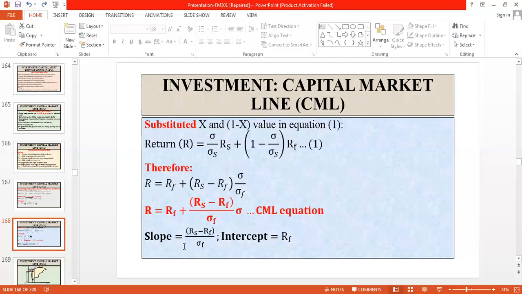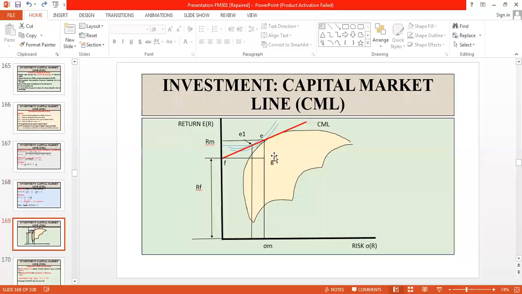So this is the slope and this is the intercept. On the basis of that, we have developed, or drawn, the next one, the capital market line, which is a linear curve.